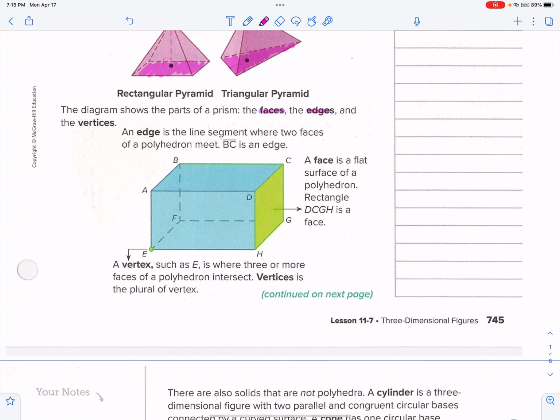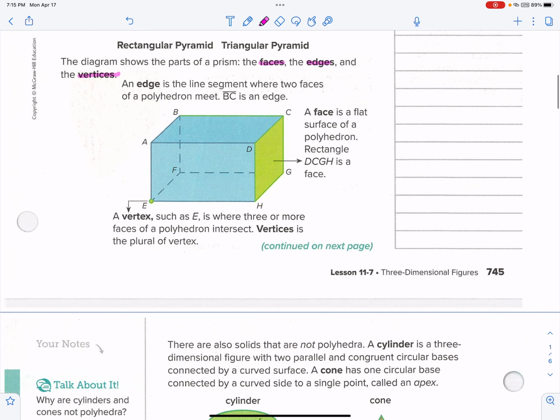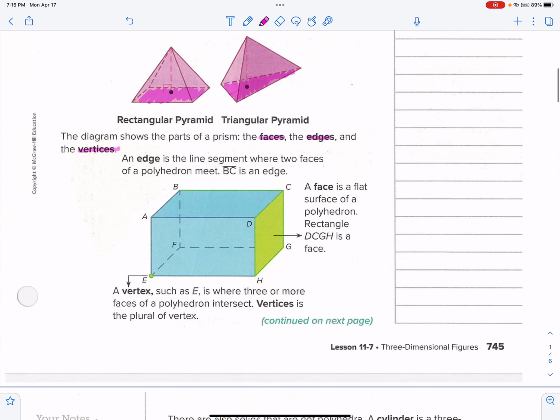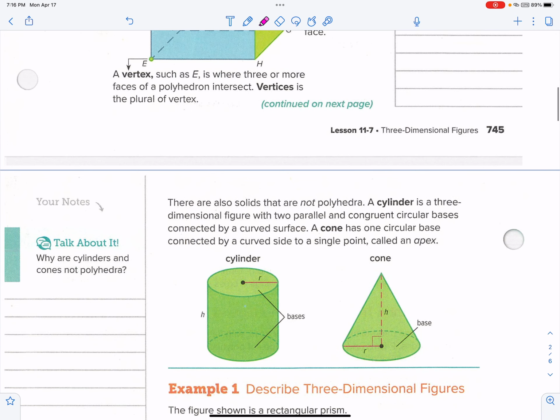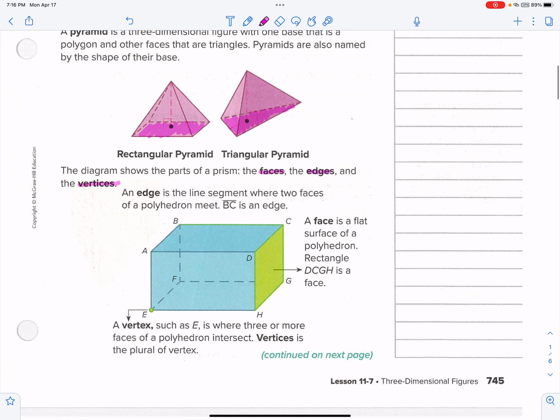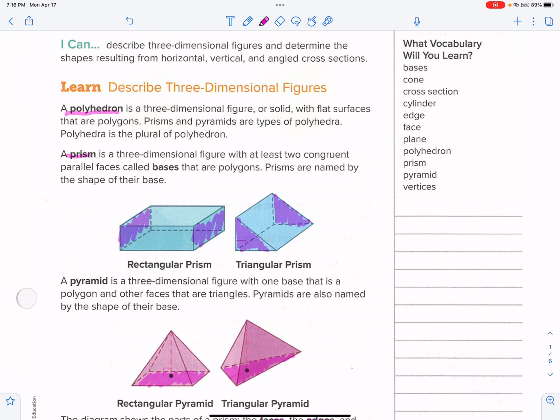Okay? All right, some old things that we've talked about in younger grades. You have faces, edges, and a vertex, or vertices is plural. And when you count them, you got to be super, super careful. We also have some solids that are not polyhedra. Let's talk about that word polyhedron again. Multiple are called polyhedra.